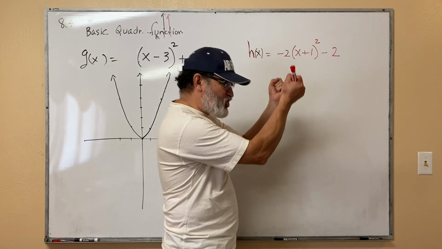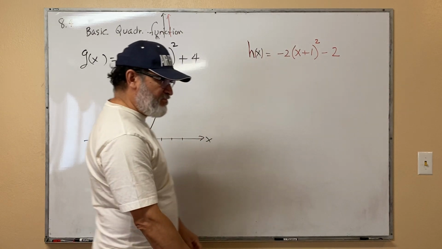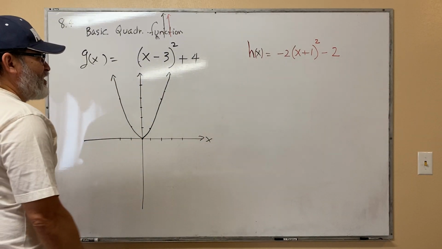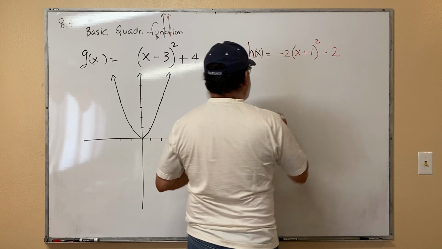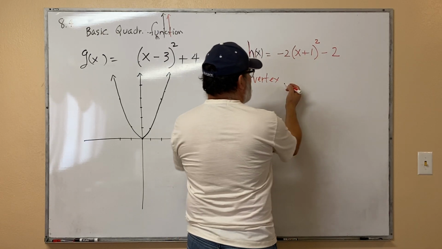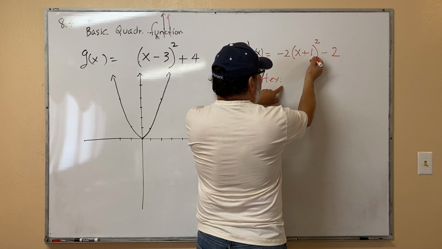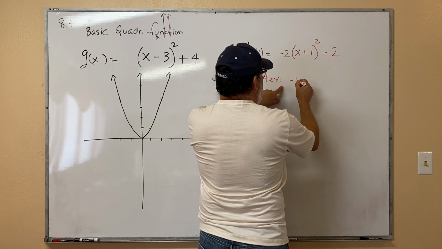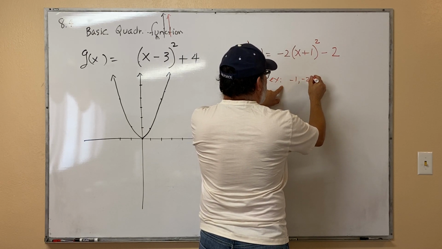So it's like being stretched this way. Okay? So let's find the vertex. Vertex is what? Where's the vertex? -1, -2.